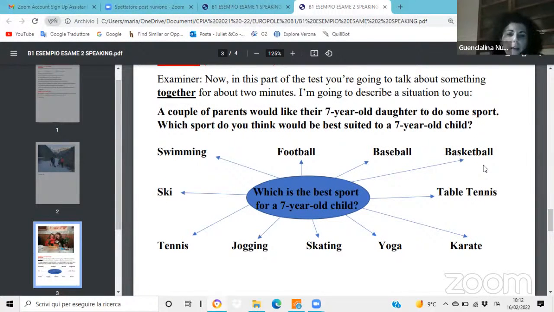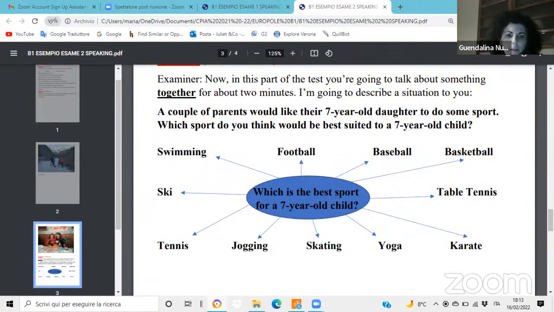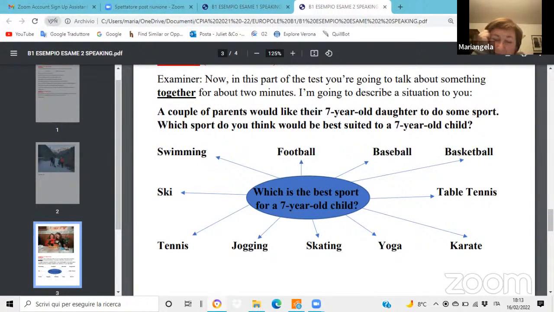Maybe swimming is more complete for this age. Yes, but swimming, non si dice "the swimming". Swimming. But okay. Swimming for me is often boring. Yes, boring. Because it's an individual sport.